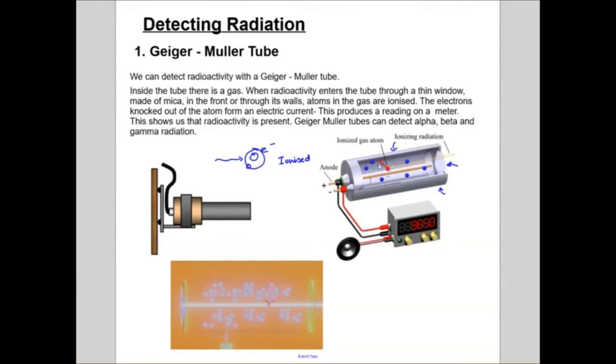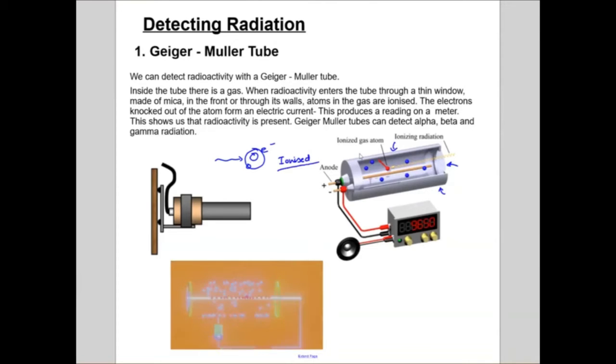So the outside tube is negatively charged, and the rod or the copper wire in the center is positively charged, right? So when this radiation enters into the tube, either from the mica window or from the sides, it would generate electrons, right?